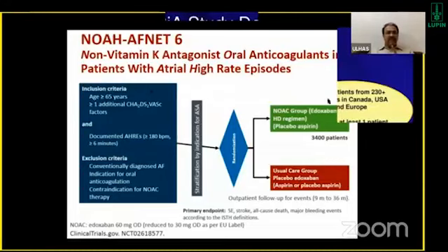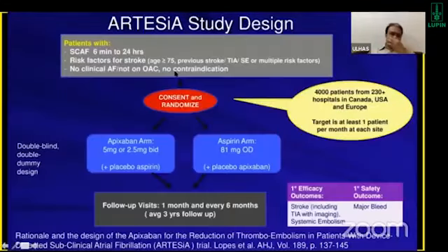These patients are also with the devices, but here the definition is so-called subclinical atrial fibrillation. When it comes to the atrial high rate episodes, as it was seen in the NOAH trial, here this is a little more stringent.